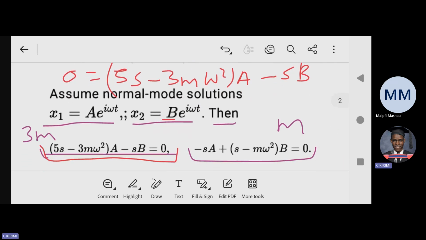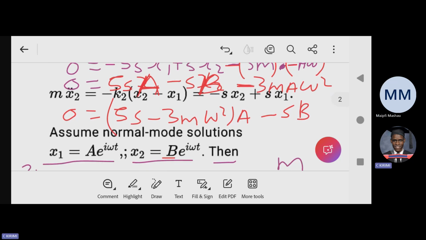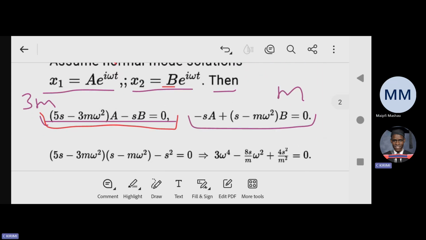So I've shown you the first one, how they got the 0. You do the same on the second one. That's what is happening. Then once you have your equations in terms of 0, which means this one is equal to 0, and the second equation as well is equal to 0, how do you combine those two equations?